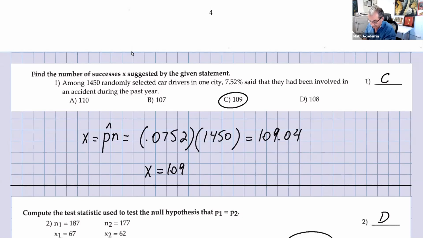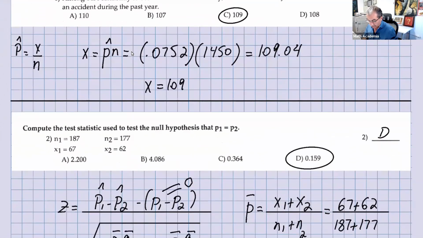So number of success is just X, and X is P hat times N. And we know this formula comes from P hat is X over N. So basically you just isolate X and change the percent to decimal 0.0752 times 1,450, you get 109.04. It's better to round it because number of people cannot be decimal. So it's 109 and C is the answer.